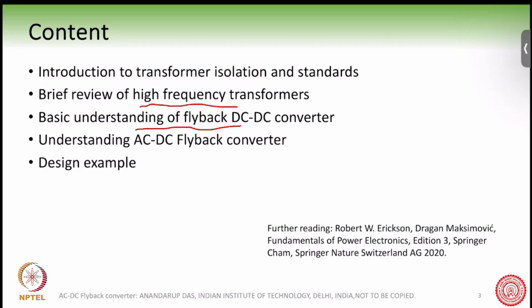In addition to these lectures, I would recommend that you go through Erickson and Maksimovic's book on fundamentals of power electronics. This is a very nice book and is recommended to study from, in addition to these lecture slides.